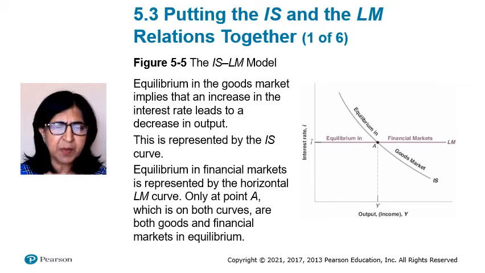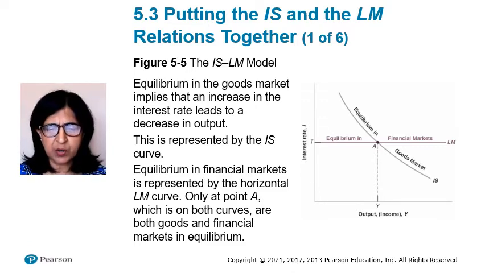Equilibrium in the goods market implies that an increase in the interest rate leads to a decrease in output. This is represented by the IS curve. Equilibrium in the financial markets is represented by the horizontal LM curve. Only at point A, which is on both curves, are both goods and financial markets in equilibrium.